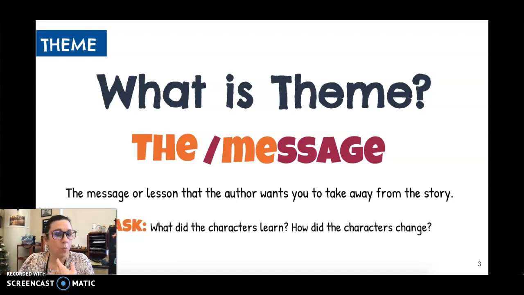So when you are learning about theme, you're asking, what did the characters learn? And how did the characters change? So in our case, what did the characters learn in this drama?